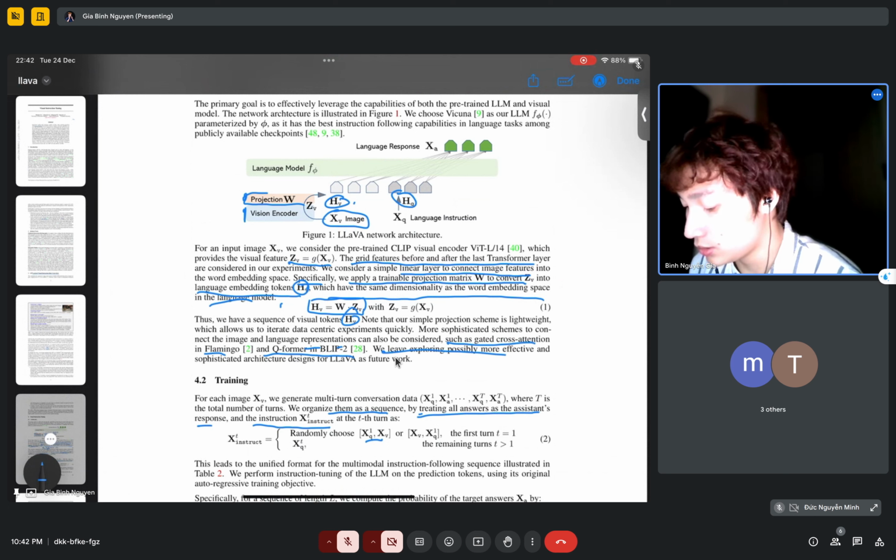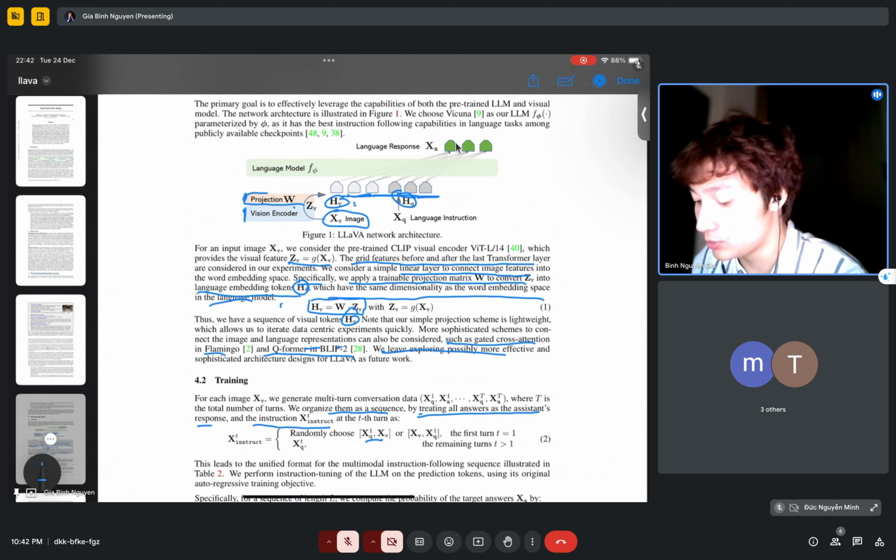So the output of the projection will be the same dimension as the text encoder, and we will concat the projection of the image encoder and the question embedding together. Simply, the projection layer is learnable and has the same output dimension as the text embedding layer.